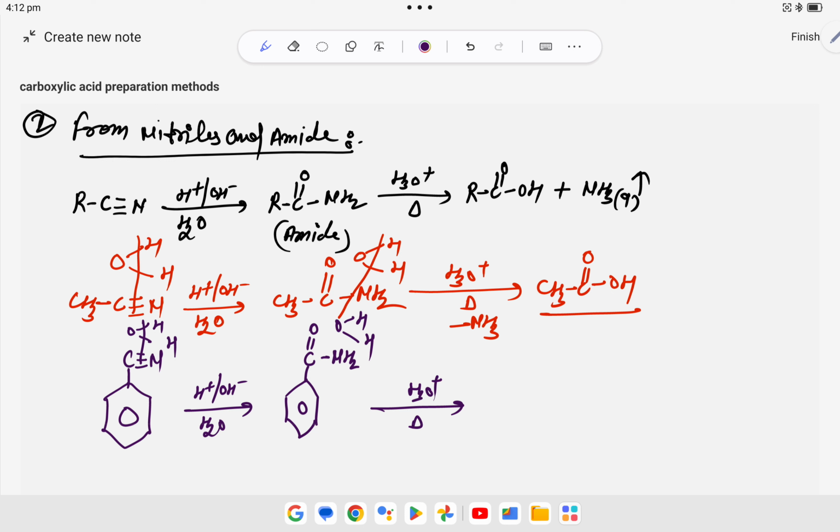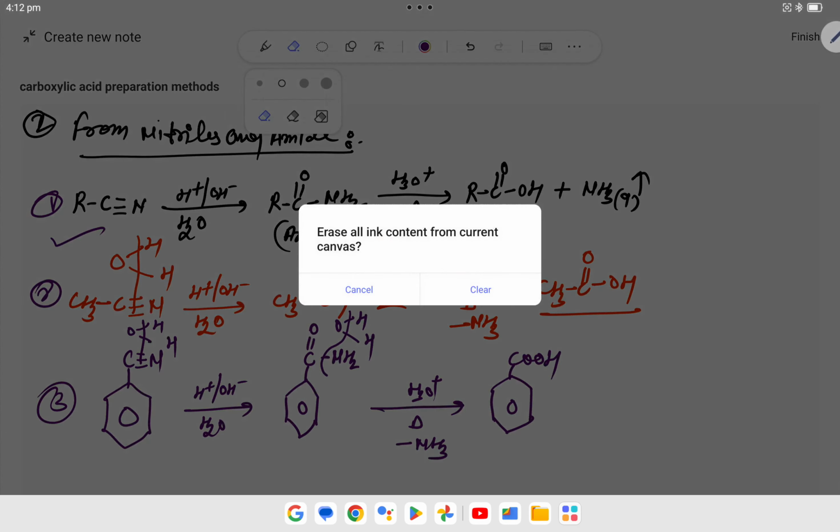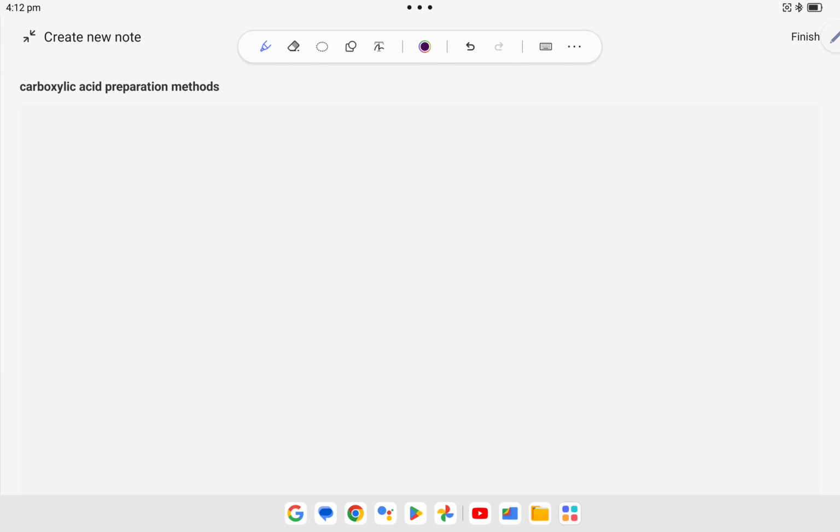Then again you have to break, and ammonia becomes free and benzoic acid formation is done. So that is the full method of from nitriles and amide. You can go through it. Question number 1, general equation, then 2, and then 3. Two examples I discussed here. If you are talking about the mechanism, then we can go through it.